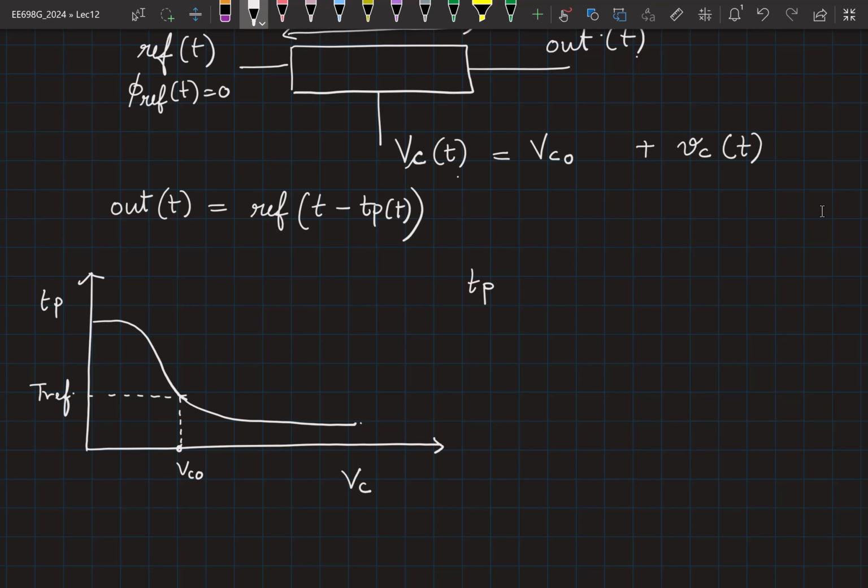To do that, I will draw a line through this operating point where the slope of this line will be the same as the slope of the curve at that point. Okay? So I draw a straight line. This happened to nicely touch here. Let's say this point is some T naught.